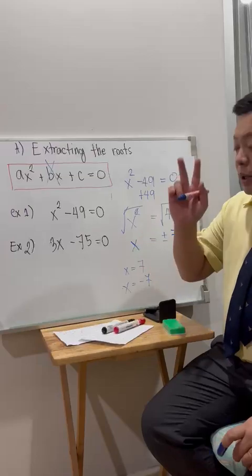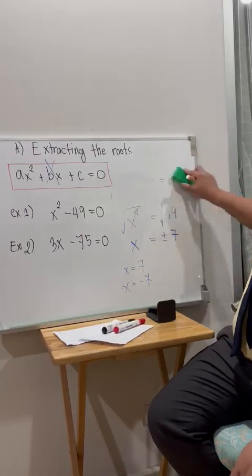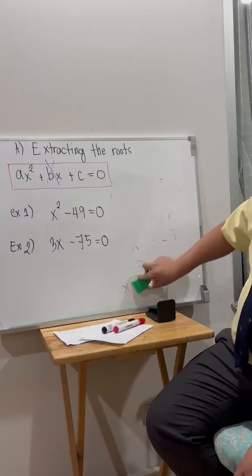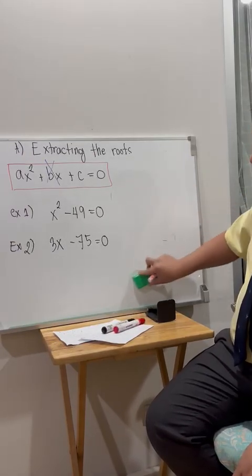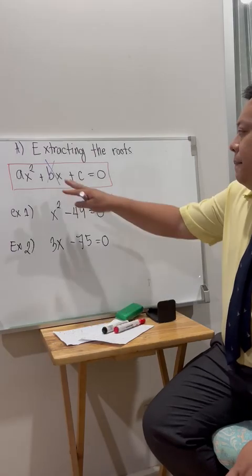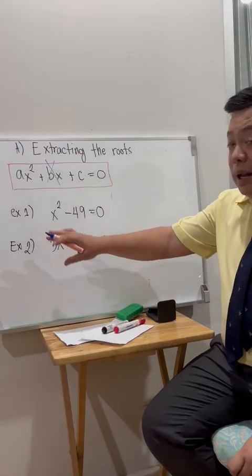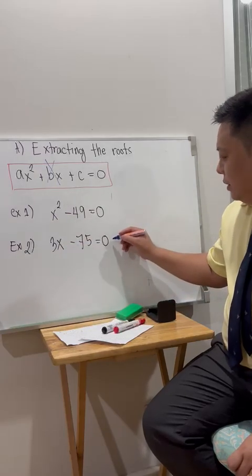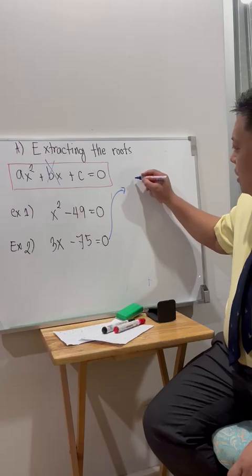Okay, example number 2. In this case, we also don't have the middle value here, the bx. So the same way, we will try to isolate x first. Here, try to isolate our x squared.